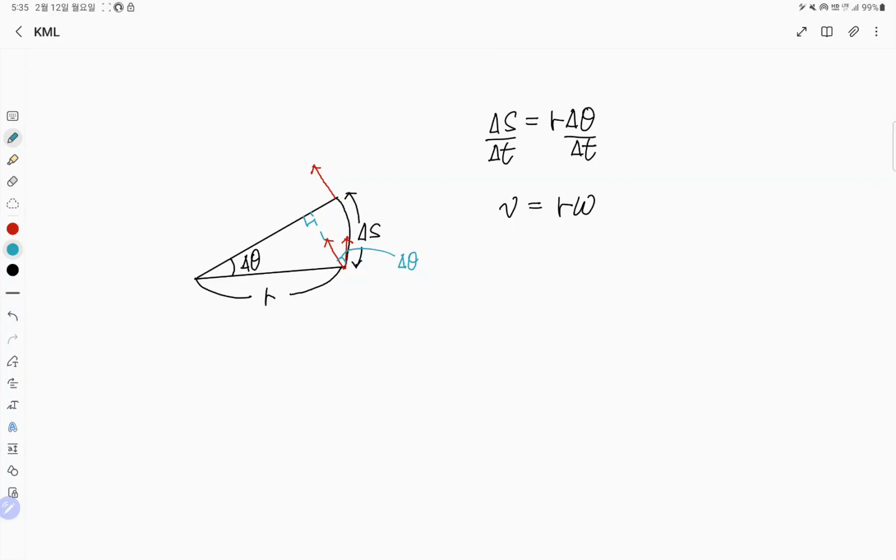So that means we can think of two isosceles triangles.